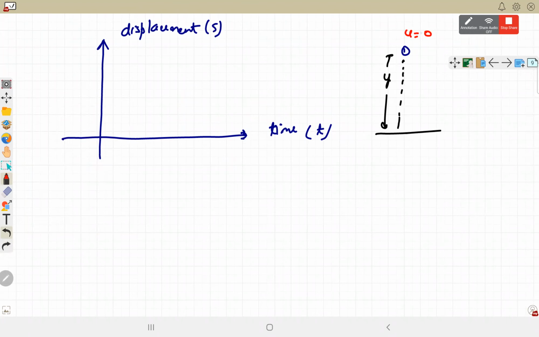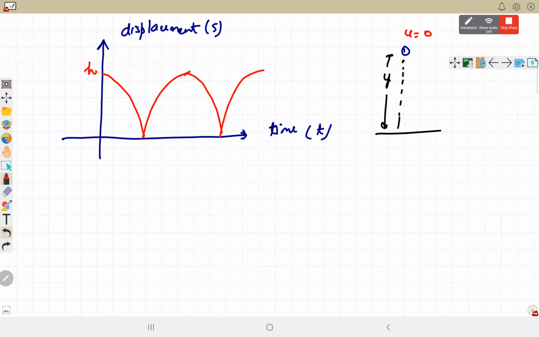Initially its velocity is 0, so it will be like this because it is a downward parabola, right? This will be the displacement versus time graph, where displacement is from the ground. So initially y will be h. It is decreasing.